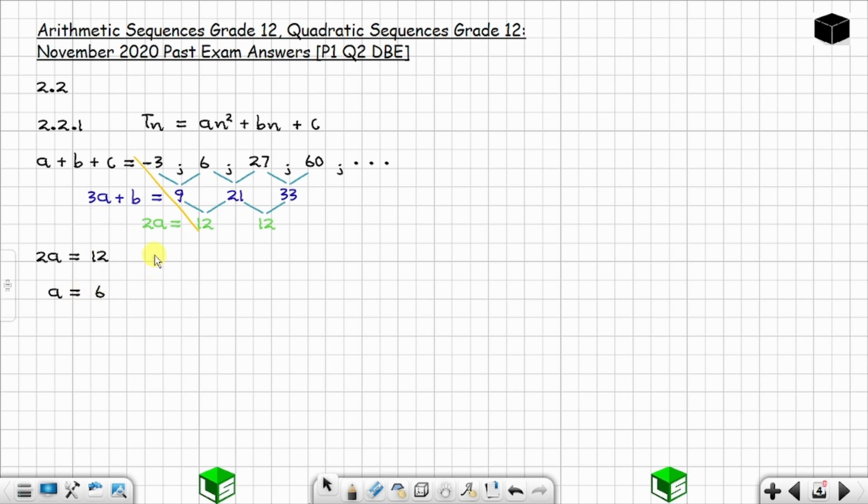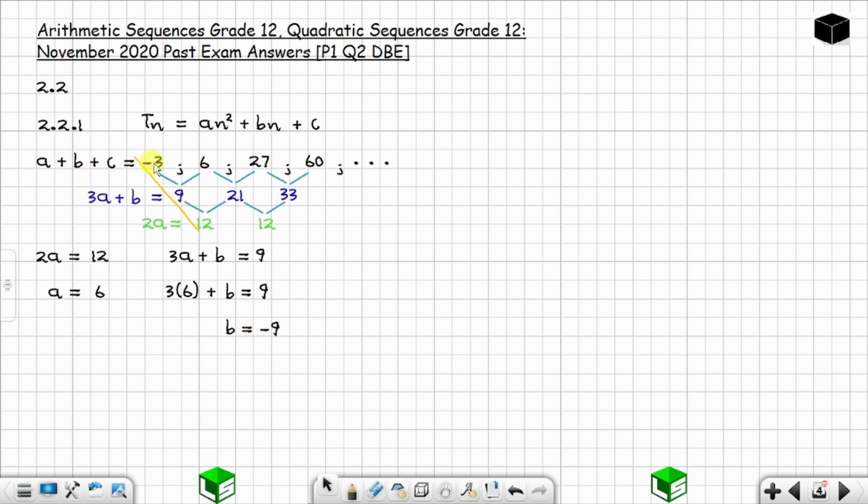So you have 3A plus B is equal to 9, and we have 3 times A. A is 6, so you have 3 times 6, which is 18, plus B is equal to 9. When you bring it to the other side, you are going to have 9 minus 18. And so B is equal to -9, because 9 minus 18 is -9.